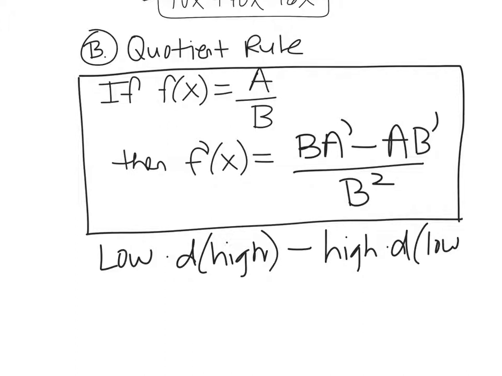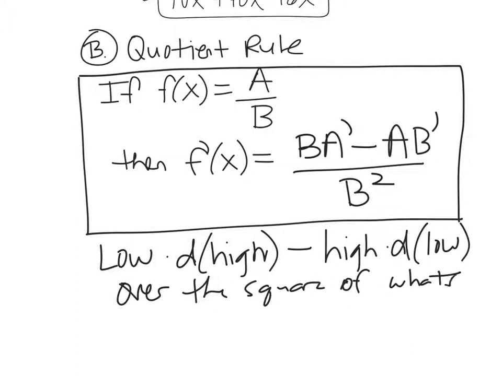So he does low d high minus high d low over the square of what's below. So it's b times the derivative of a, b times a prime. So low d high, d means derivative. Low d high minus high d low.